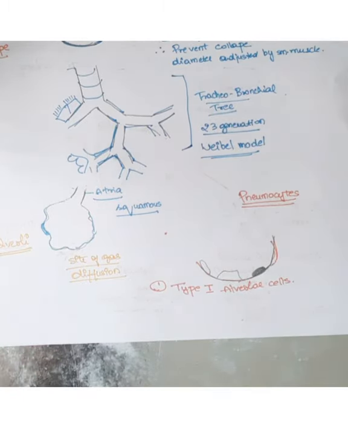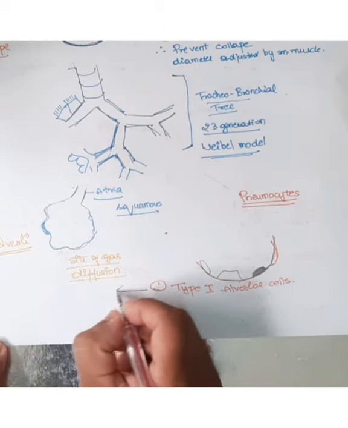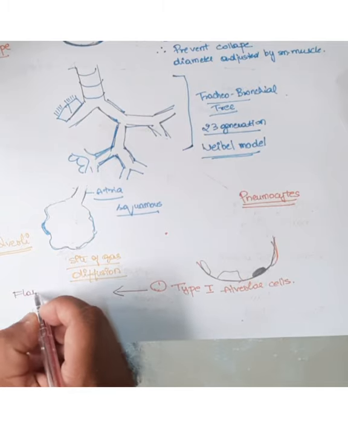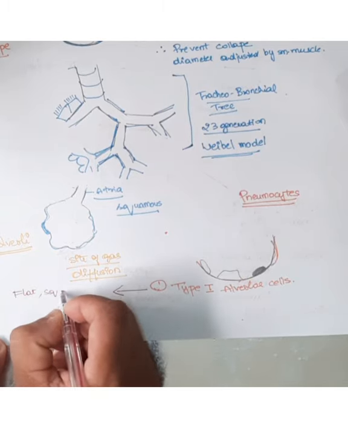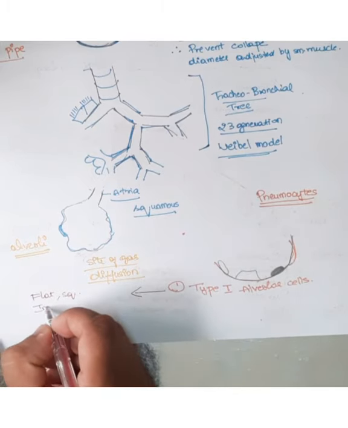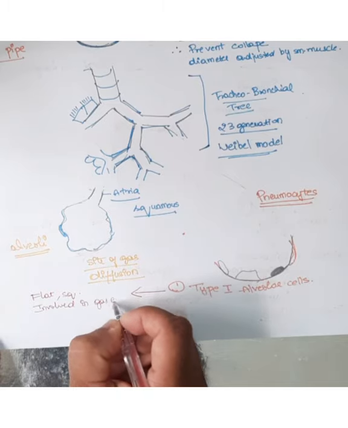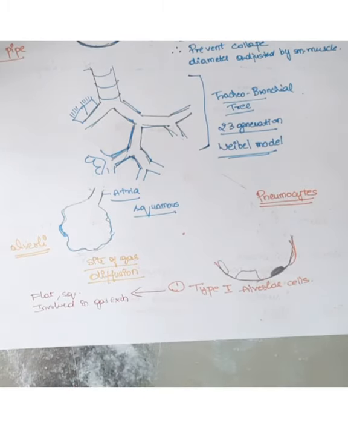The type 1 alveolar cells are flat squamous epithelial cells which are involved in gas exchange process.